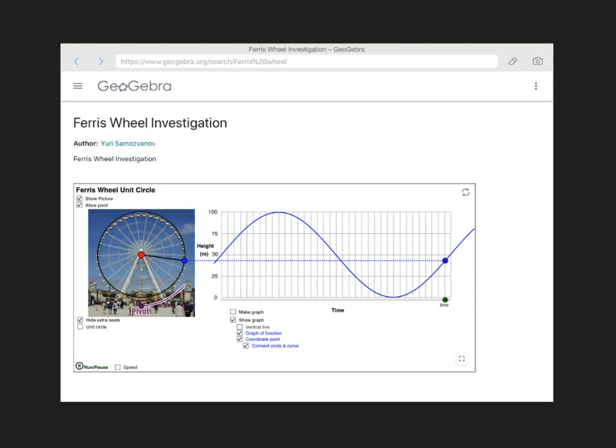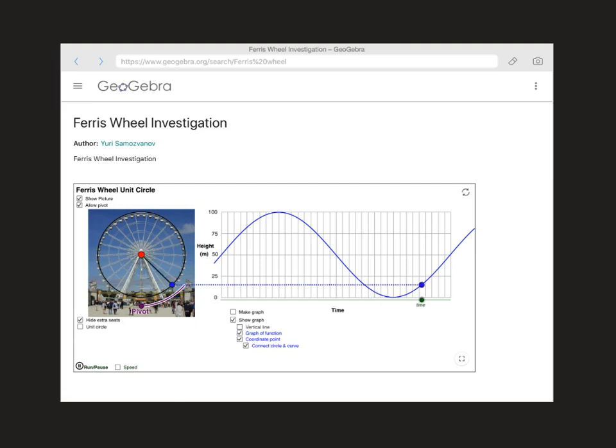Although our graph comes down to 0, you can see our curve comes down to 0 here. Normally with a carriage, it's some meters off the ground. There's some kind of platform here. So whatever they tell you that the height is of the carriage, you don't need to worry about whether it's measured to the floor of the carriage, to the roof of the carriage, or to the middle of the carriage.